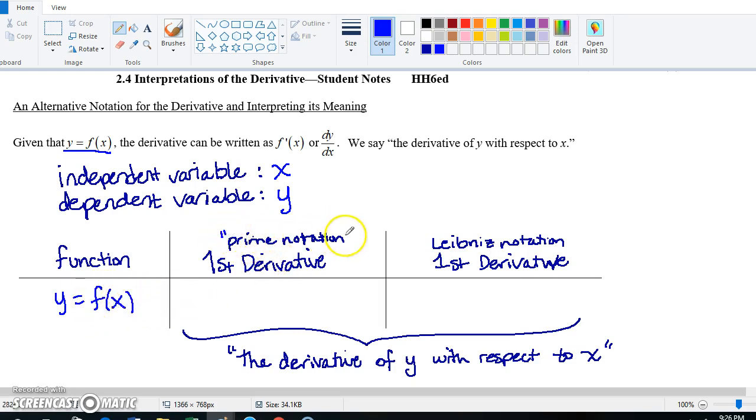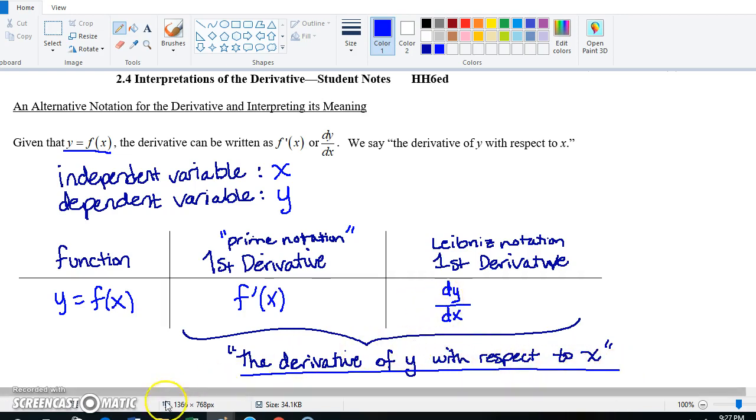Using prime notation, the first derivative we just say is f prime of x. Using Leibniz notation, we say derivative of y, dy over dx. So the derivative of y with respect to x is dy dx.